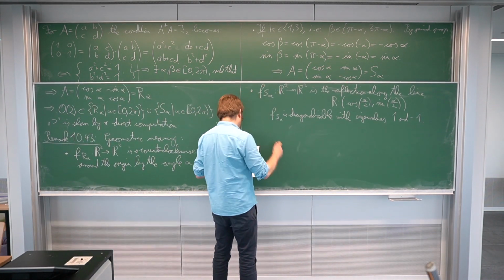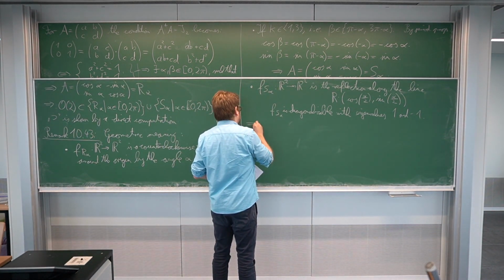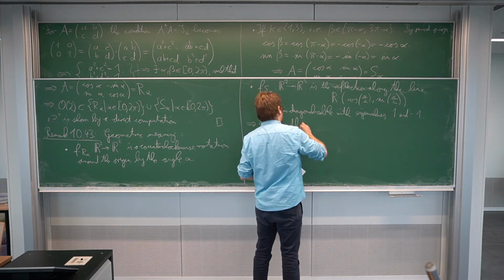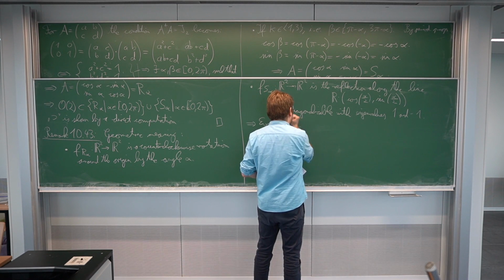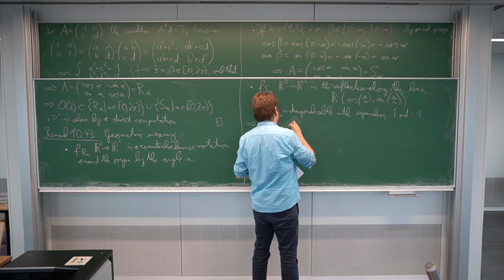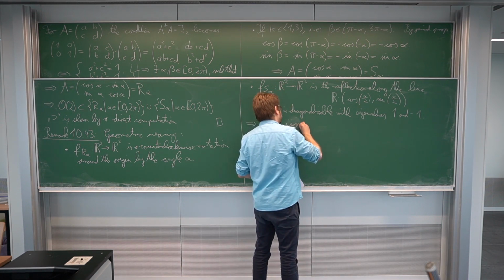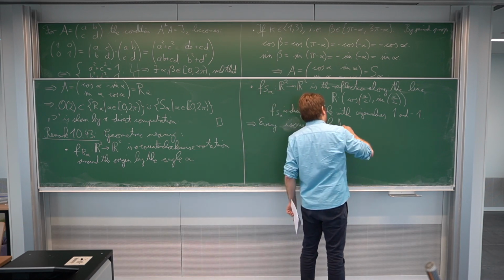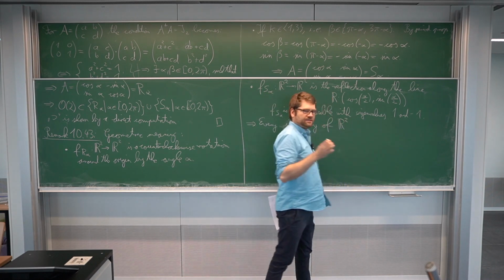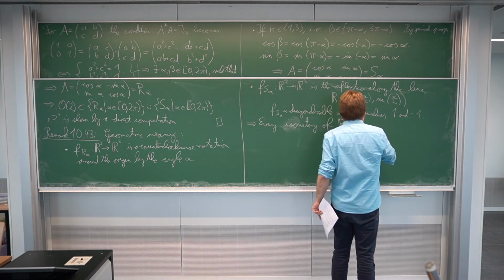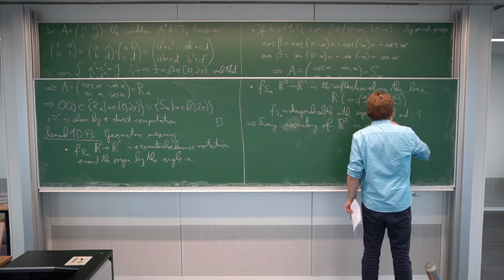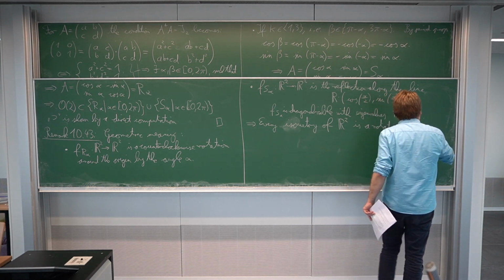To summarize, we've shown that every orthogonal endomorphism, every isometry of R2 with the standard inner product, is a rotation or a reflection.